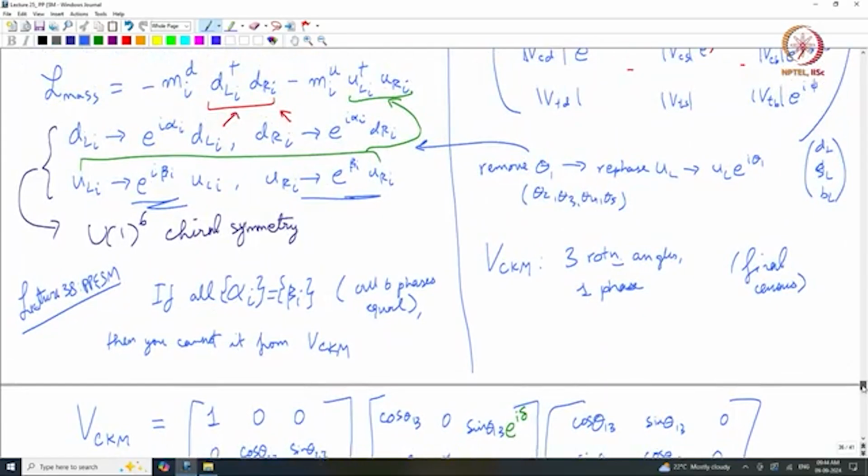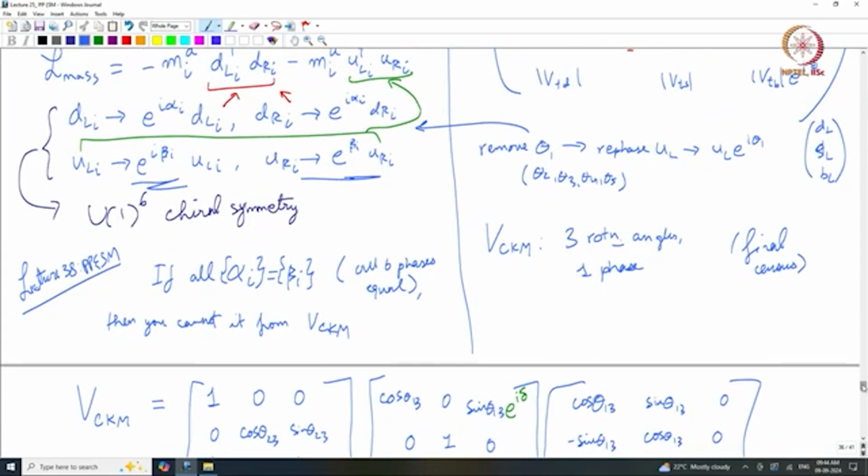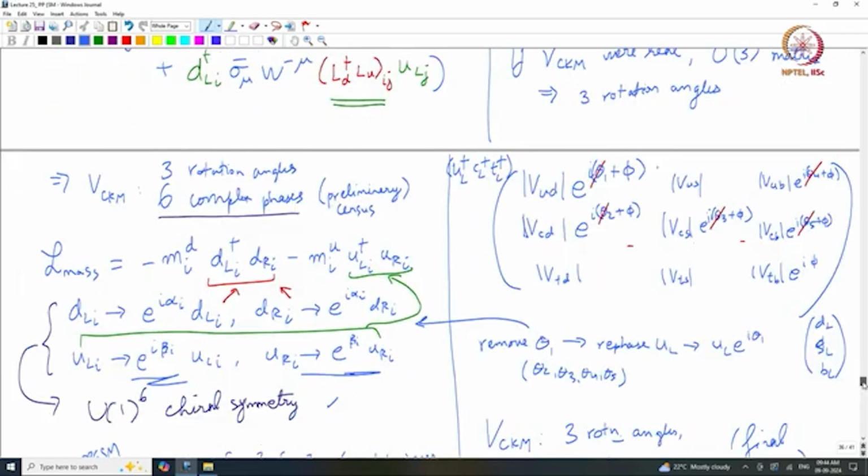Okay. We had already seen that generically you would have 6 phases and 3 rotation angles, but then we saw that even though you had some freedom to remove those phases using the U(6) chiral symmetry of the mass terms, if all the phases were equal, you can't really rephase using the chiral symmetry.